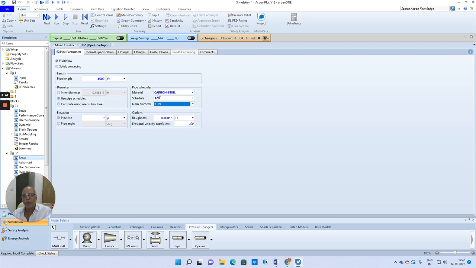The moment you select the material of construction from the database, it has taken the roughness as some value. If you are happy with this value, you can go ahead. And if you have some experimental value for the given pipe, you can also replace this value with an appropriate roughness value. Okay, so let me run this simulation.